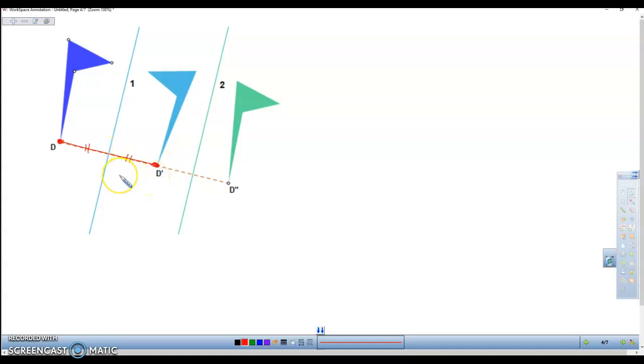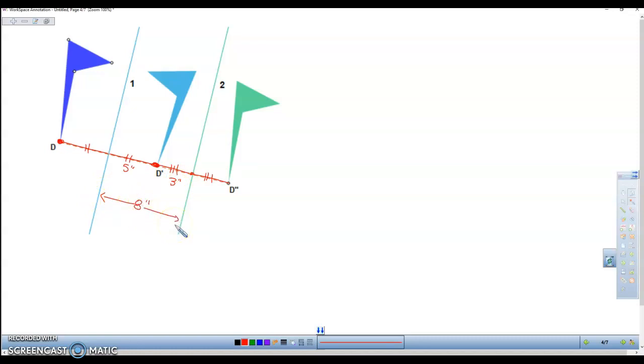So these two are equivalent to one another. Also, by the same logic, this segment is equivalent to this segment. Suppose that this was 5 inches and this was 3 inches. Well, the distance between those two lines would be 8 inches.